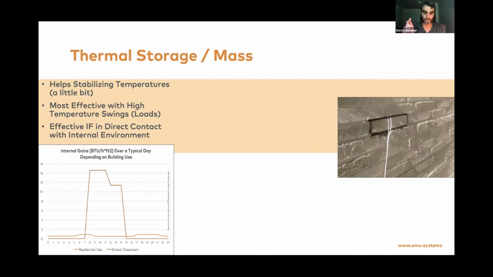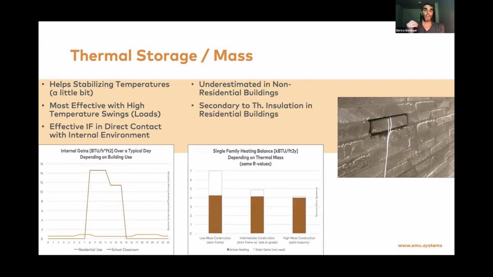So you have very varying internal gains. What we found, studying the research done by the Passive House Institute, is that thermal mass is actually underestimated in non-residential buildings. There's a lot of potential in mitigating peak loads if you were to use exposed thermal mass in commercial buildings.